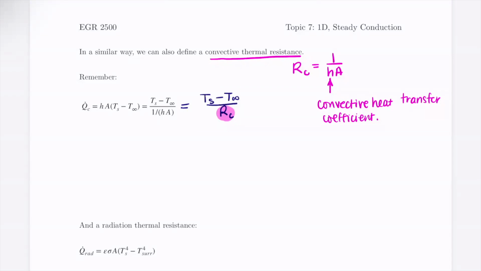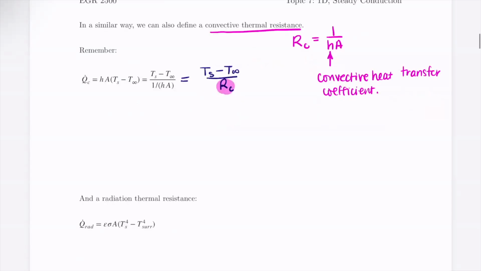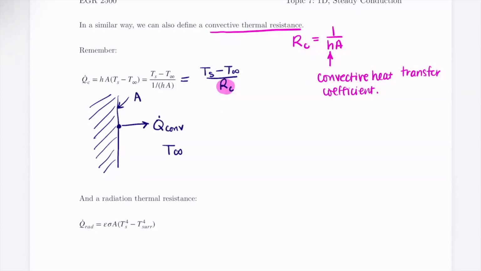Okay. All right, so if we were to draw this exact same scenario here, where we have our solid exposed to convection, so we have Q dot convection going out this way, and we have our ambient temperature out here, our area, as well as our surface temperature, Ts.